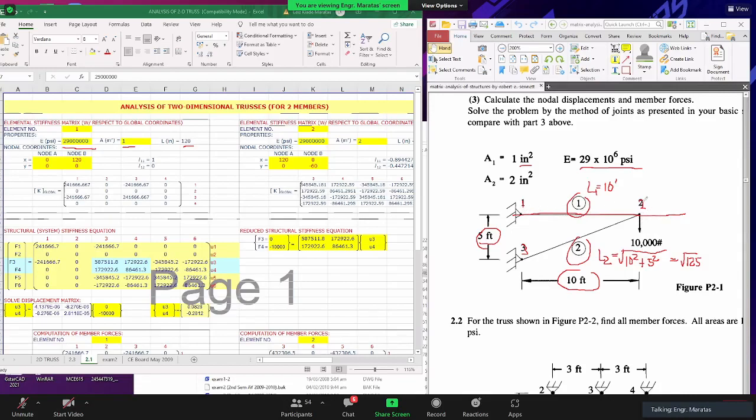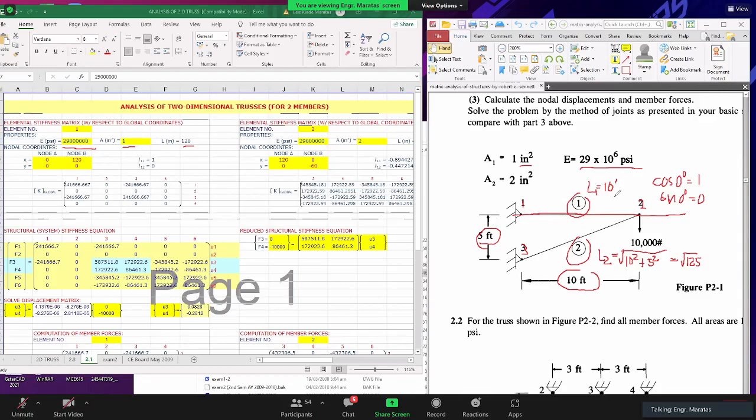So the cosine of 0 is 1 and the sine of 0 is 0. The cosine squared, sine, cosine sine terms become 0 or 1 accordingly. Then you multiply that by EA over L.